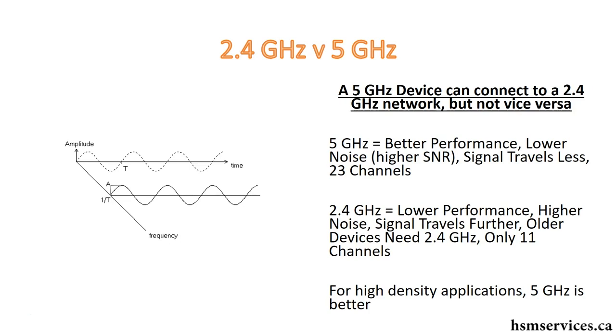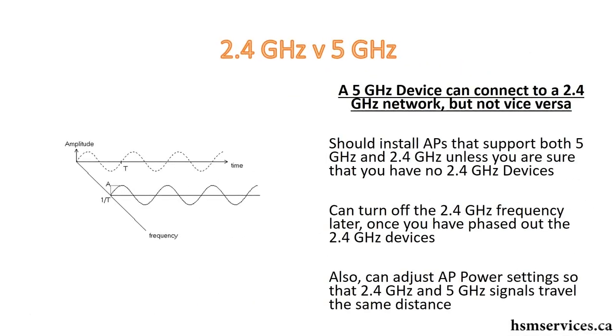On a 2.4 gigahertz signal, you've got more noise, but your signal travels farther. And you need 2.4 if you're supporting all devices. So you should probably install access points that support both, unless you don't have any 2.4 gigahertz devices in your network, and you can turn off the 2.4 gigahertz frequency down the road once you phase those devices out.